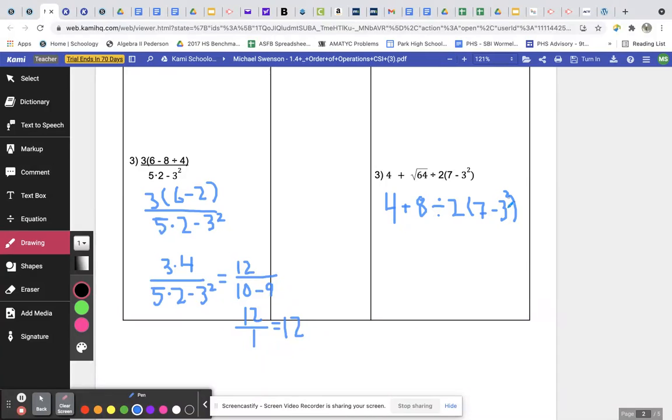Let's do the parentheses. 3 to the second is 9. We've got a 7 minus a 9. And this is times. This is the dividing.